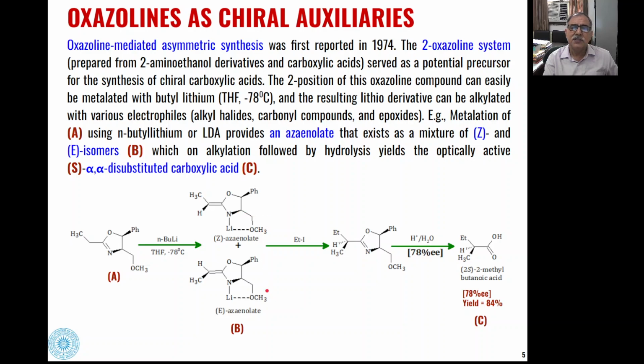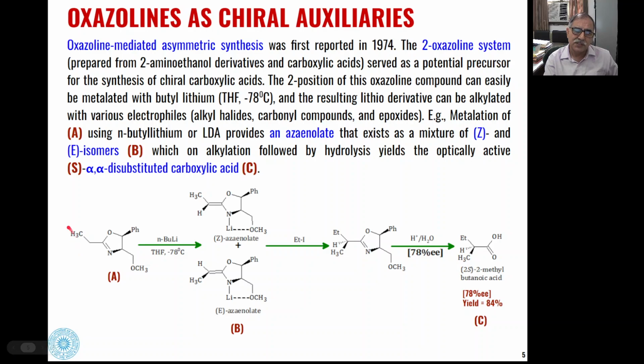And then these azaenolates undergo an alkylation reaction with, say, ethyl iodide in the present case, and this will lead to the formation of these types of intermediates which on hydrolysis will give us alpha, alpha-disubstituted carboxylic acids, which are chiral in nature.